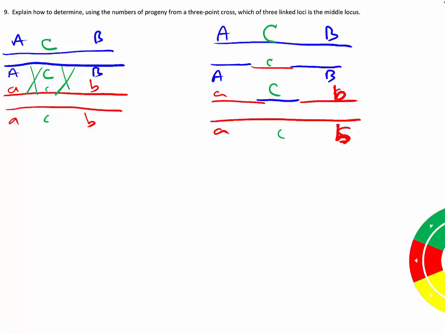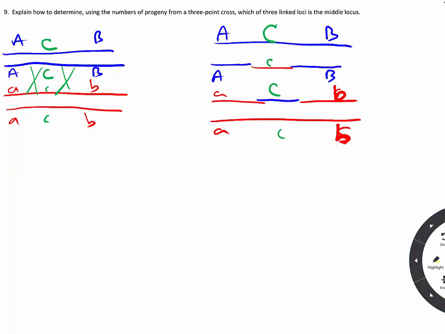So what does that look like when we do a cross? We're saying we've got 3 genes. Let's keep our colors the same. Actually, we don't usually get these different colors.